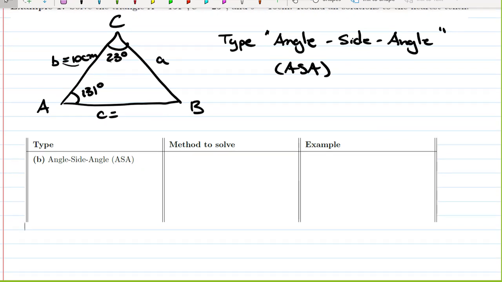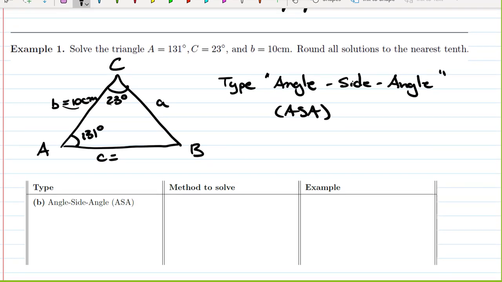So angle side angle is example 1 in 8.1. And the method to solve, we're going to use the law of sines. So as we go through this, right now the only law we know is the law of sines, but we're also going to learn the law of cosines.